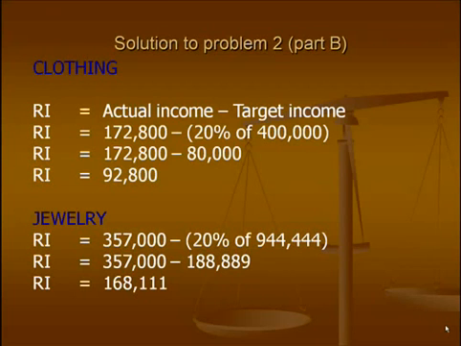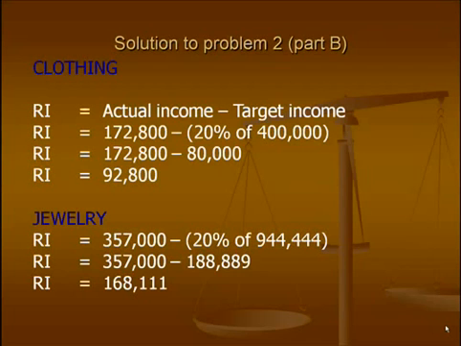If we use ROI, we think the clothing division is doing better. If we use residual income, we think the jewelry division is doing better. So one method gives you one answer, another method gives you another answer. How do we resolve it?